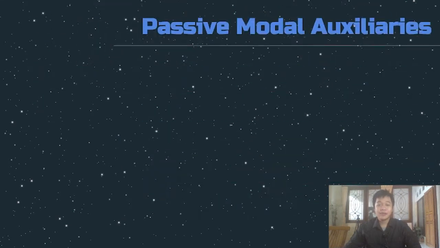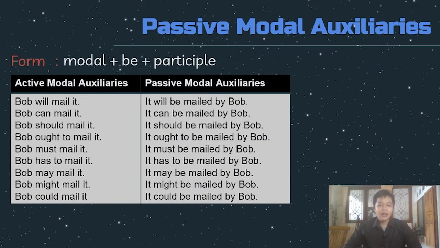And the last but not least, passive modal auxiliaries. Modal auxiliaries are often used in passive sentences, and the form of the passive modal auxiliaries is modal plus be plus past participle. Here you can see the table that contains a bunch of modals.